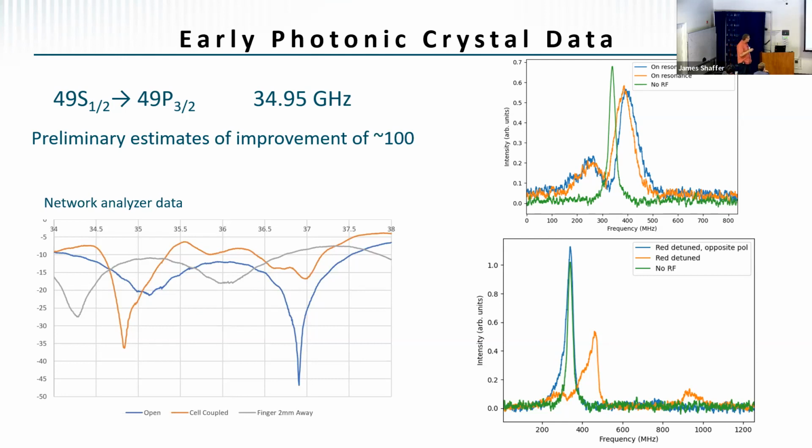So this shows various kind of test cases. This is for the open waveguide. This is actually coupling the device to the waveguide, and you can see that there's an absorption here that's around 34.75 gigahertz right there. So if we go to measure that, here's an example.